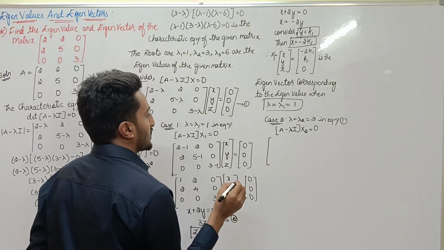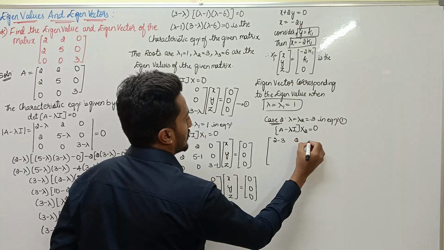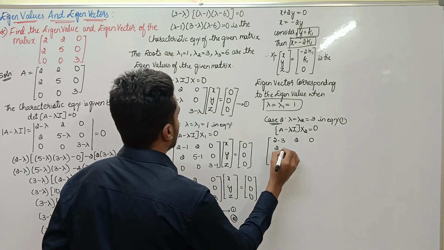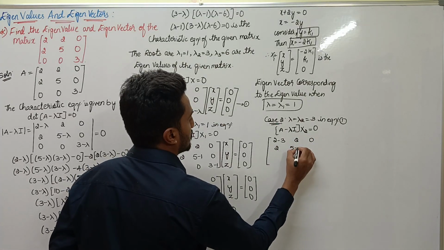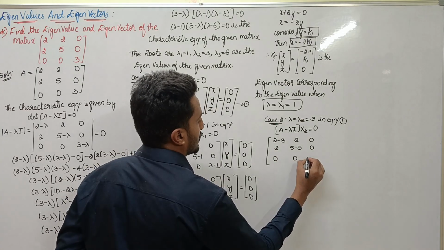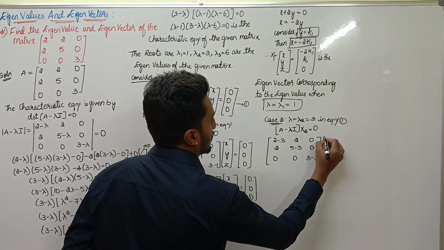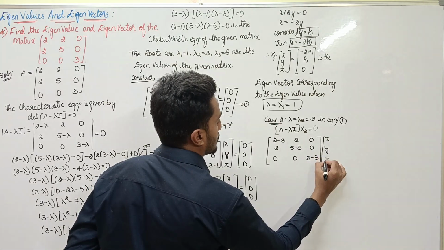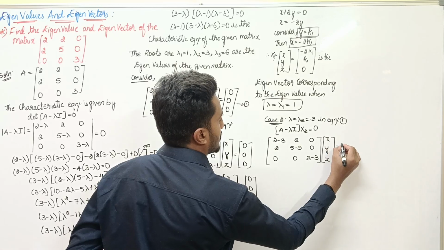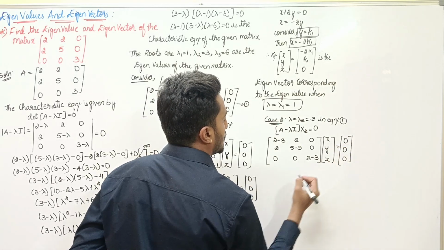That is, what is A minus lambda I? 2 minus 3, 2, 0, 2, 5 minus 3, 0, 0, 0, 3 minus 3, into x, y, z, which is equal to 0, 0, 0. Done.